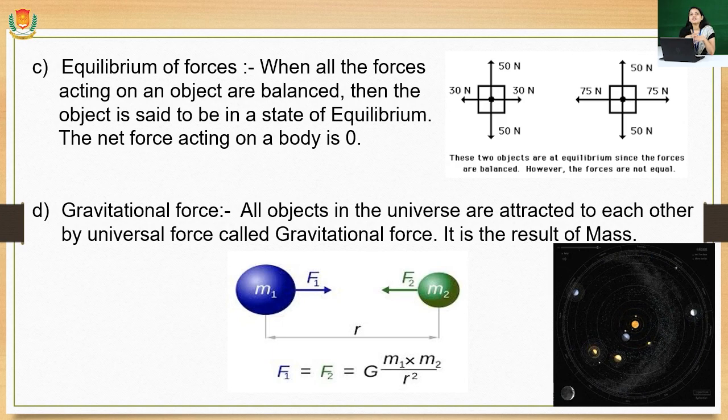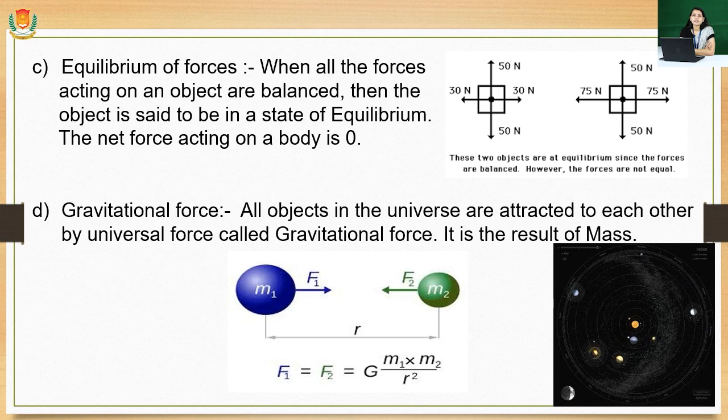For example, two objects are placed there, object 1 having a mass of m1 and object 2 having a mass of m2, and the distance between them is r. The forces imparted by those objects are F1 and F2 respectively. Then the net force, where F1 equals F2, will be G into m1 m2 upon r square.